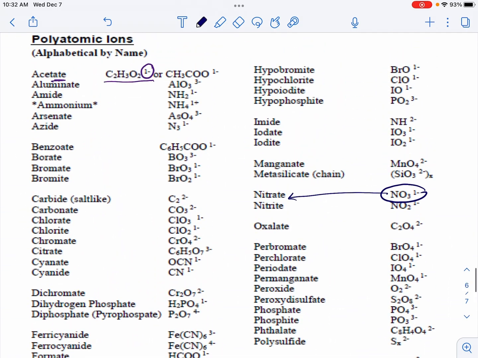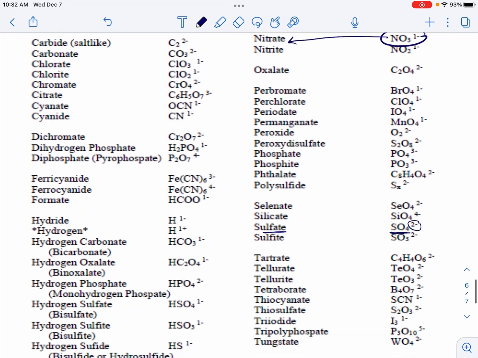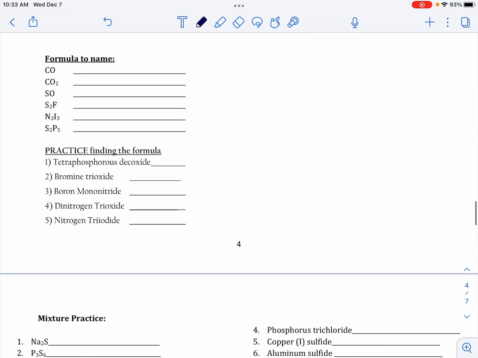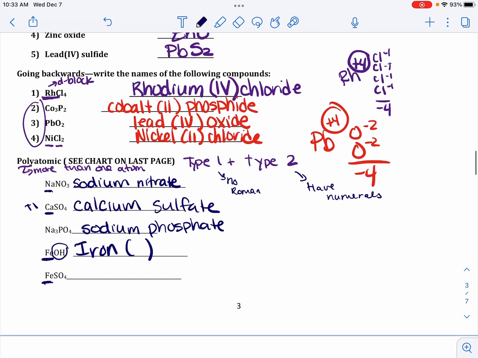I have to find OH minus on my list. And again, you'll learn them. OH minus is hydroxide. But I need to pay attention this time to what the charge is so I can find the Roman numeral. Hydroxide is OH minus 1. I'm going to write that down to help me.